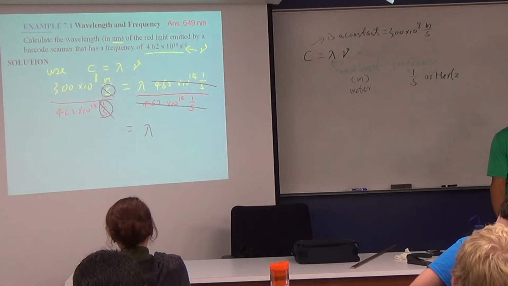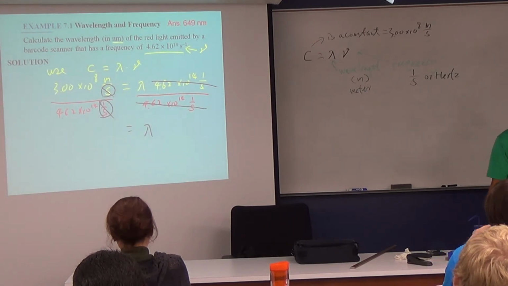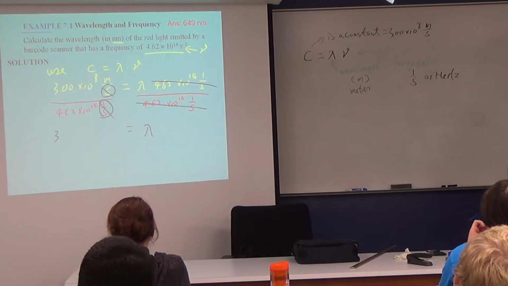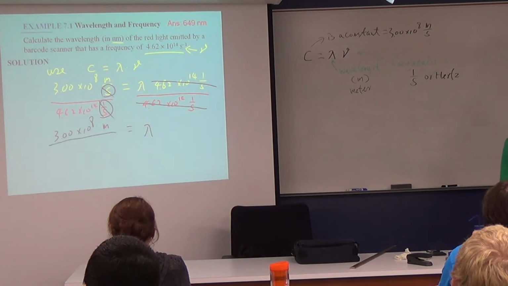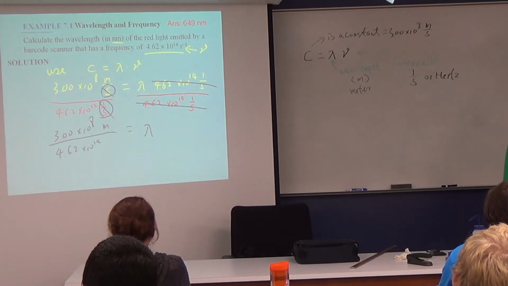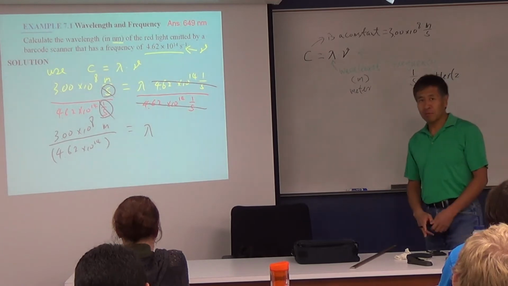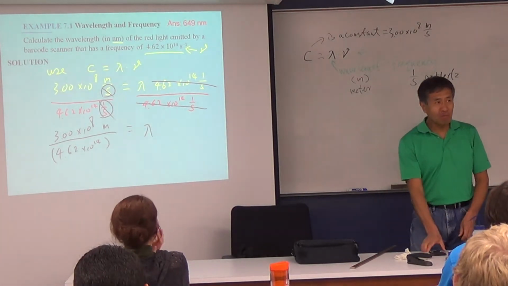Another problem is in your calculator, just make sure you know how to use the calculator. So I will rewrite 3.00 times 10 to the 8. Now the only unit left over is a meter. And I want to rewrite this because I want to emphasize the way to use the calculator to do the calculation correctly, by putting these two numbers in parentheses.